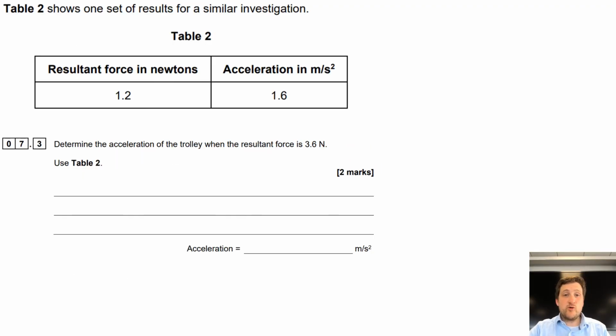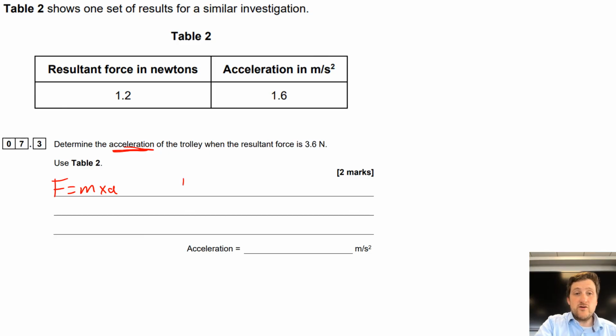Now, I've put the table in again. Determine the acceleration of the trolley when the resultant force is 3.6 newtons. There's quite a bit to this question, even though it's only 2 marks. It says use table 2, so I've shown it again. The way I would do it is using F equals ma. That's going to determine our acceleration. Now we're going to use the values in our question first.